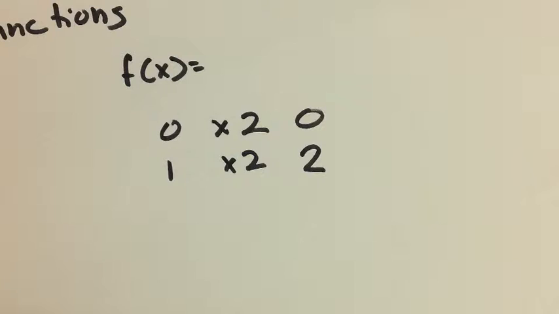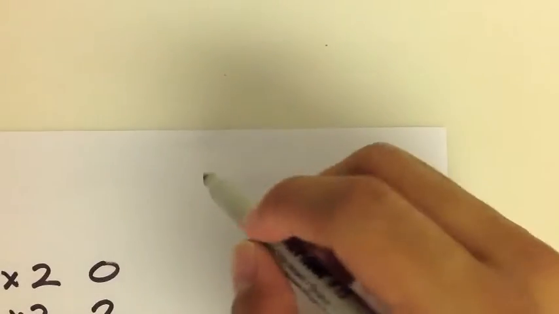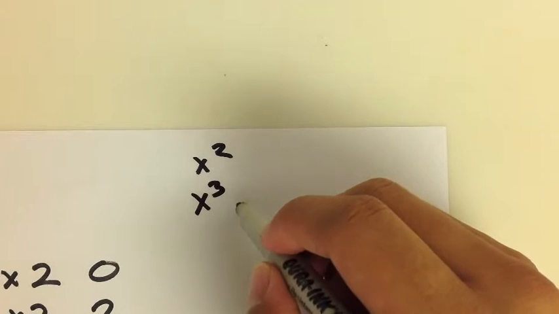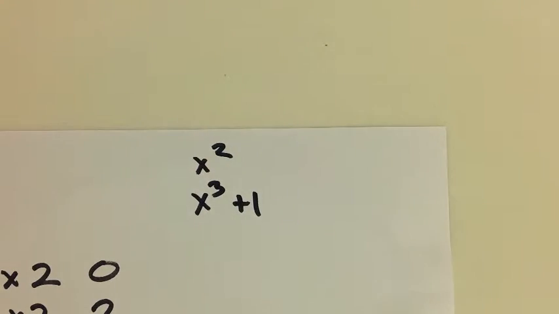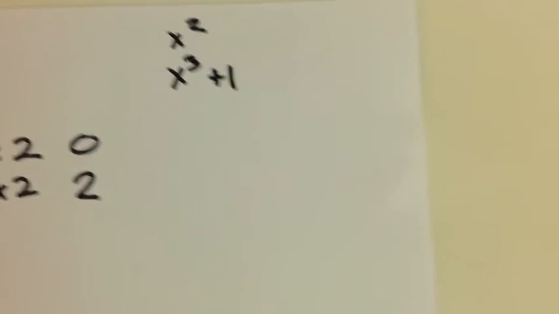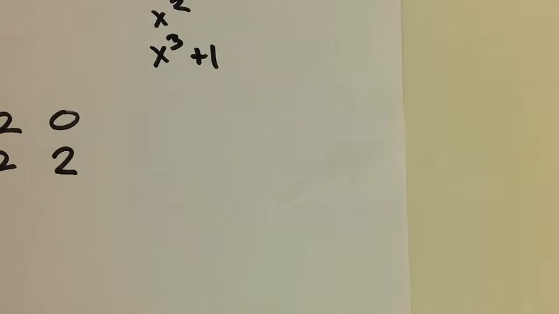Now most functions are squaring functions, as x squared, or even cube functions, which is x to the third plus 1, that's also a function. And sine, cosine, and tangent also help with functions in trigonometry. And there are lots more.